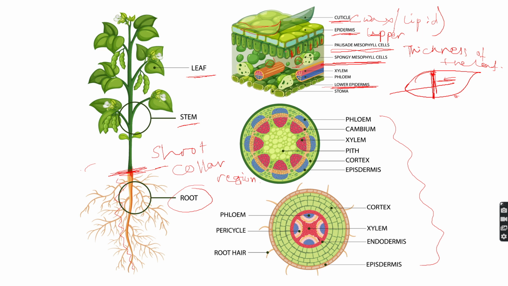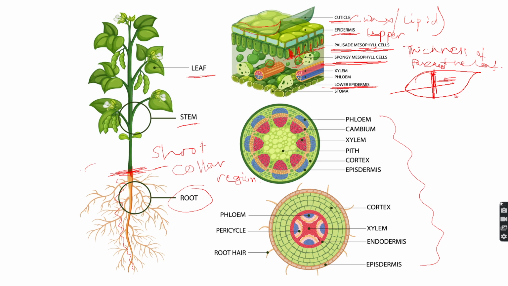So, what is the difference between palisade mesophyll cell and spongy mesophyll cell? These palisade mesophyll cells, as I told, are a bit elongated structures, and these are packed. You can see here, these are packed.